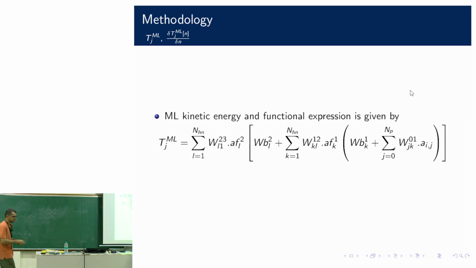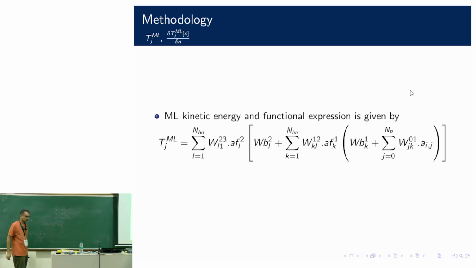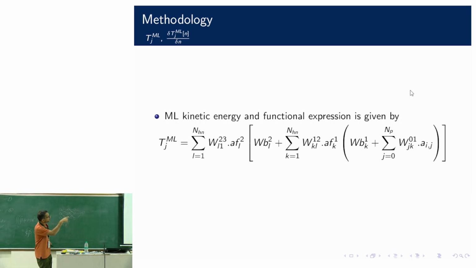That means you have your A's. Remember how I expanded my density? Of course, you may ask, sir, why do you have A, I, and J? Because here I am referring to the network layer 2, so I have one more subscript. Other than that, AI gives the number of A's that are used to represent this density.